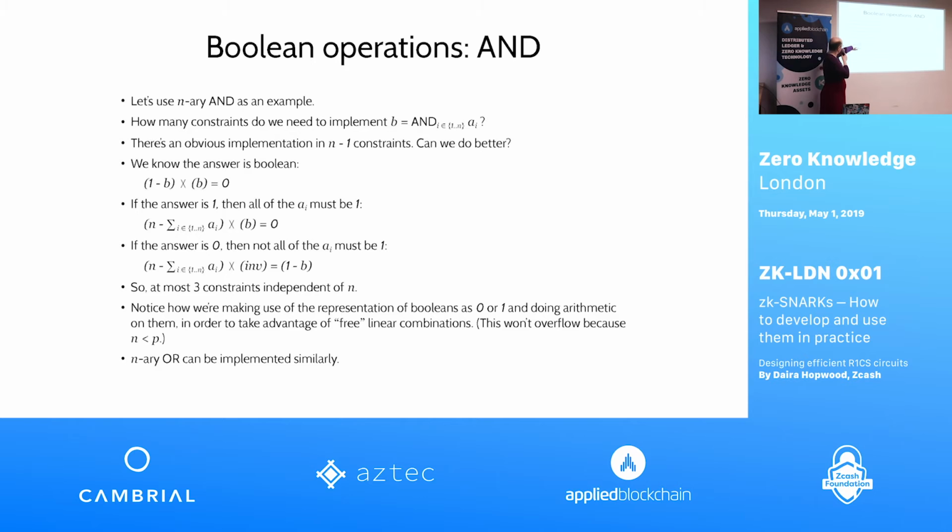Because we know that this isn't going to overflow in practice because the number of inputs is not going to be 2 to the 255. We couldn't represent a circuit that big. So you can just add them up and subtract from n, and then notice if all of these were 1, then n minus the sum is going to be 0.